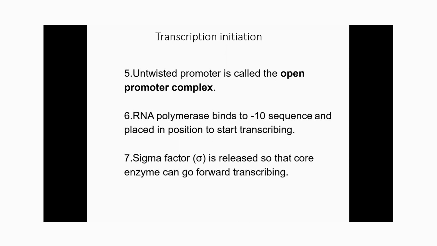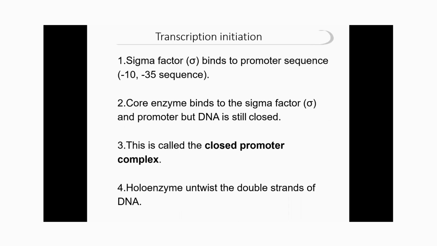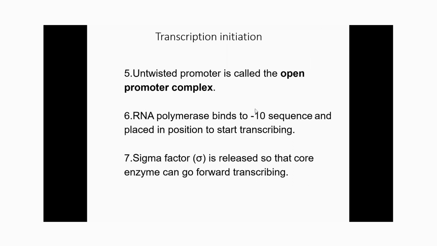So there are two terminologies here: core enzyme and holoenzyme. When the sigma factor is not bound to the RNA polymerase enzyme, it is known as the core enzyme.